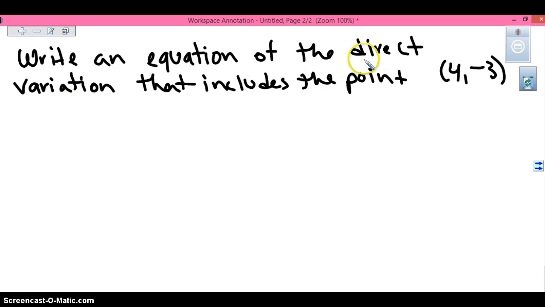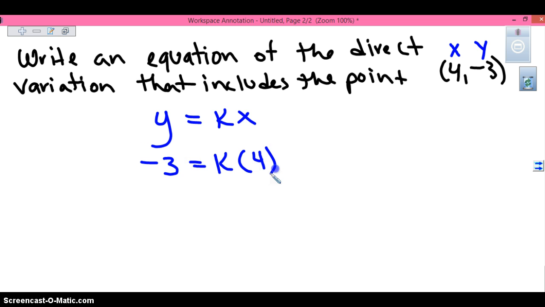Write an equation of the direct variation that includes the point (4, negative 3). We know that the ordered pair is (x, y). If we have to write an equation of the direct variation, that means we have to write y equals kx. Do we have y and do we have x? Okay, so if we substitute y with negative 3 equal to k times 4, can we solve for k?